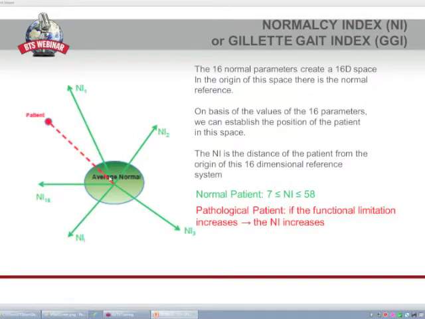The Normalcy Index, or GGI, is computed as the distance of the patient from the origin of this 16-dimensional reference system. The higher the functional limitation of the patient, the higher the index. The GGI is quite popular, but it depends somewhat on the variables chosen to compute the index, which are considered to be a little too subjective.